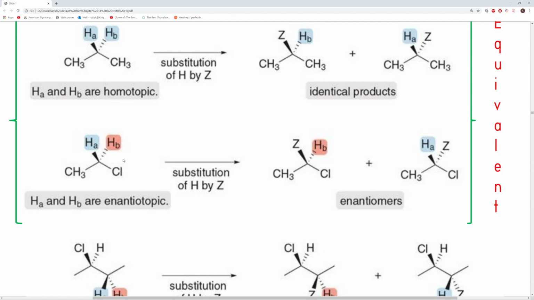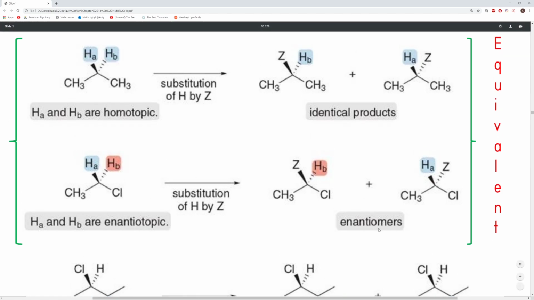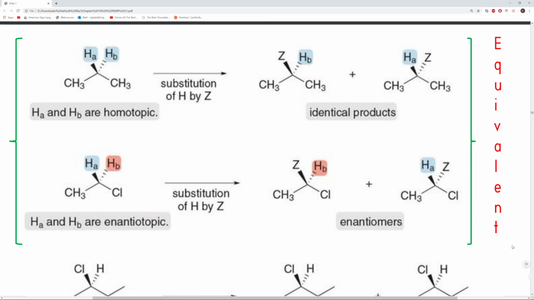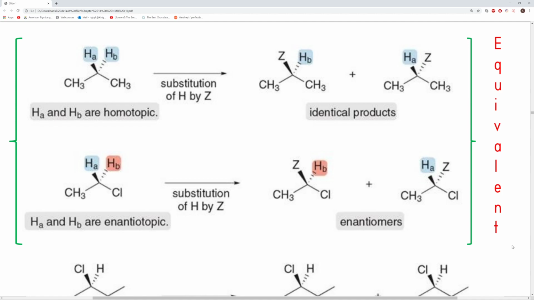If there are two chiral centers, one of which isn't changed by the substitution, it's going to be a diastereomer. Okay? So, just to reiterate, homotopic and enantiotopic hydrogens are going to be equivalent. So both of those hydrogens are going to give the same signal. Okay?